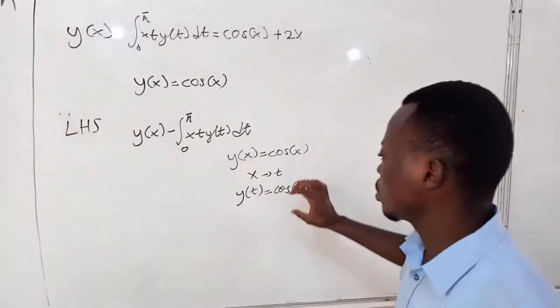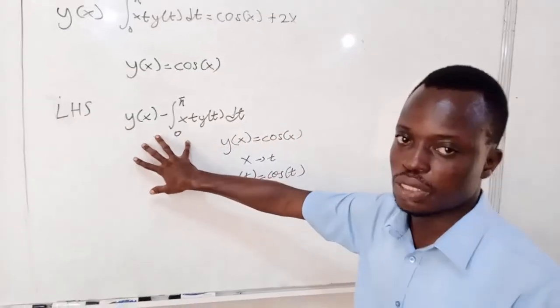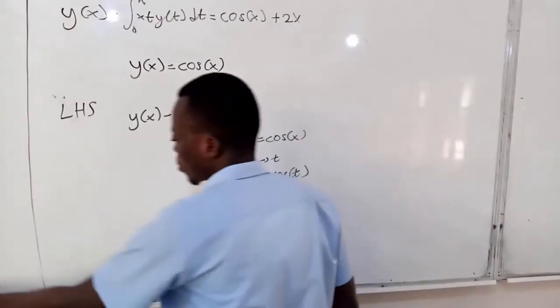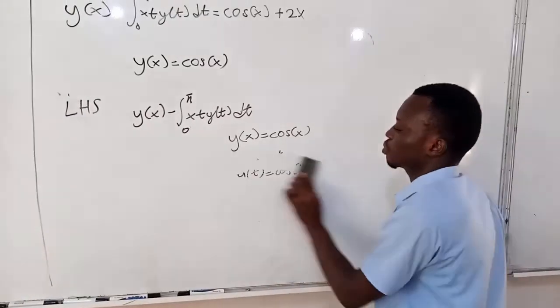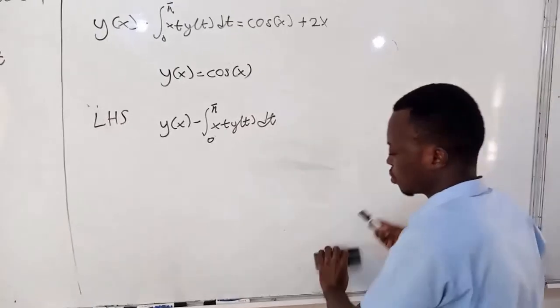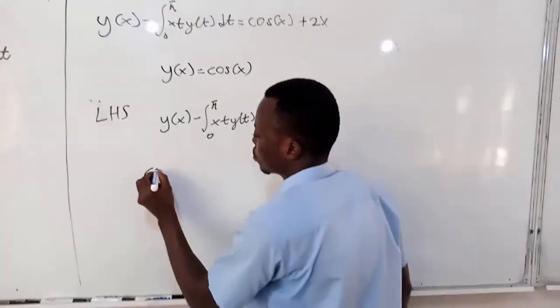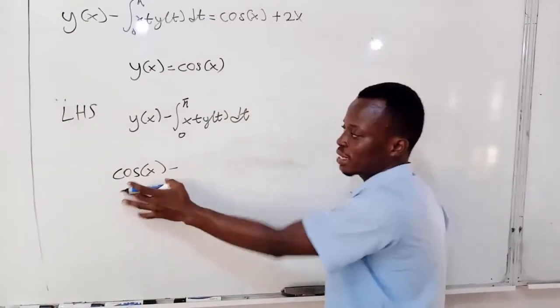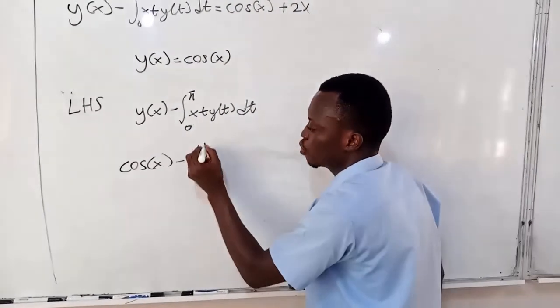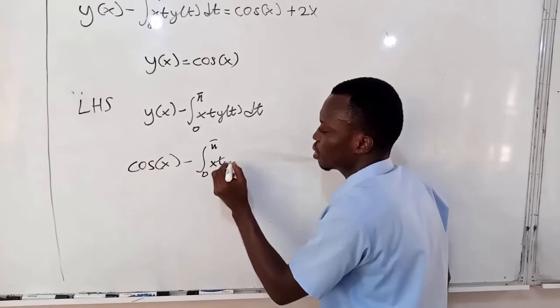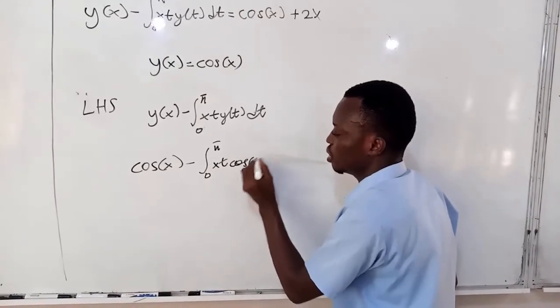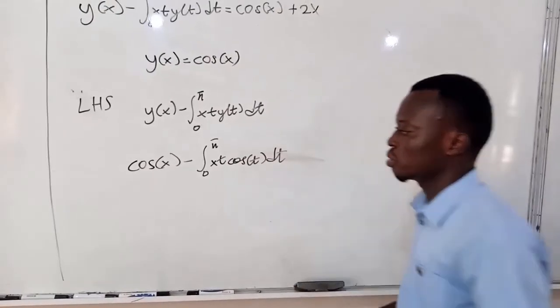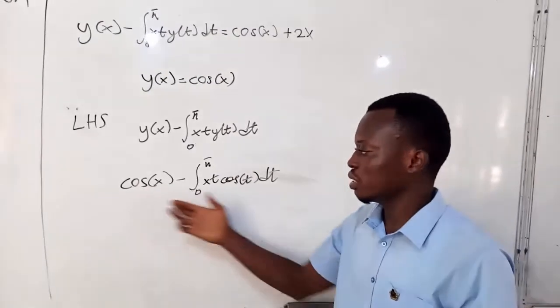Now we have to substitute these two equations into this expression. So we're going to have cos s minus integral from 0 to pi st cos t dt. We have to solve this expression.